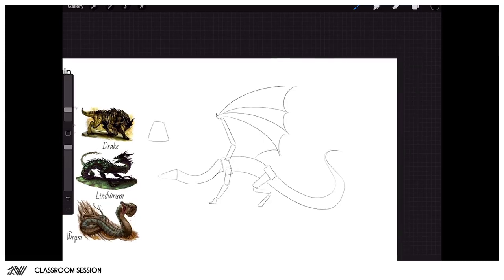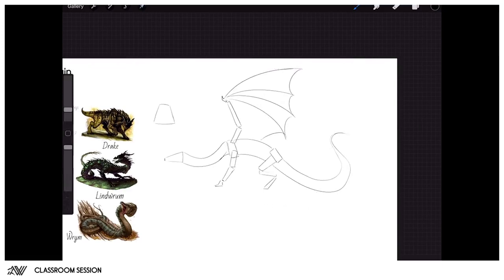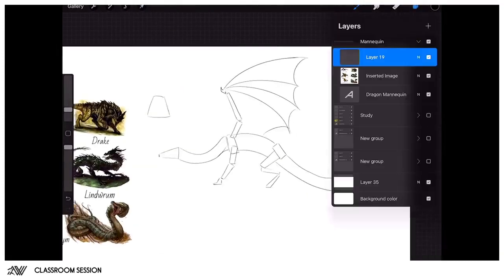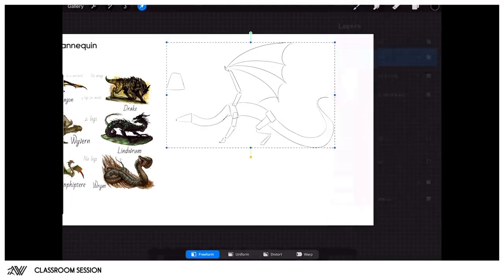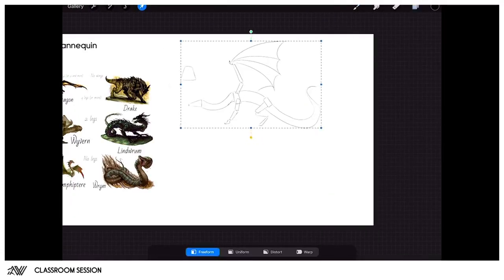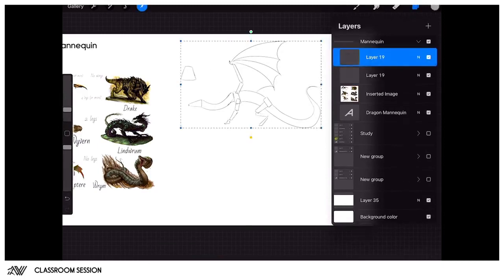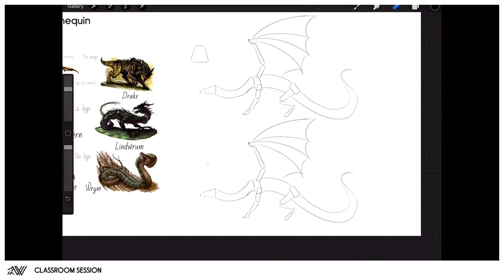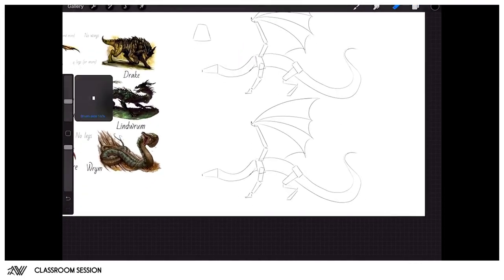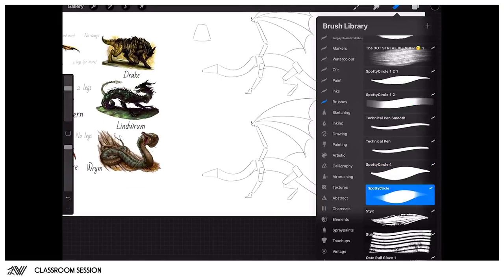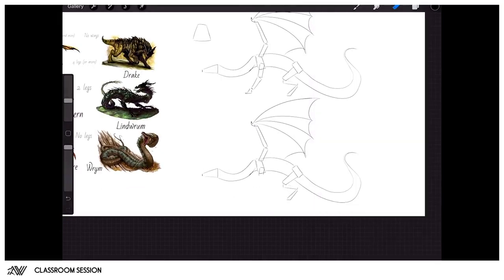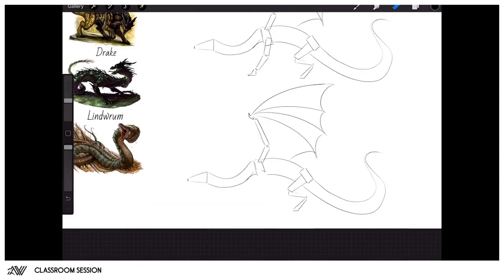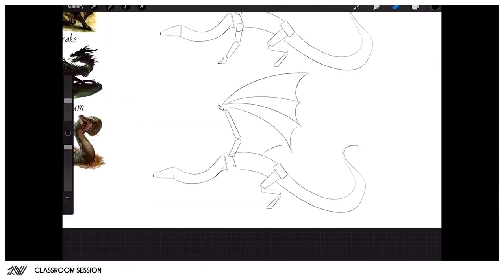Okay, so now why am I saying that the dragon is basically the reference point for all these other dragons is if I'm going to scale them down just a little bit more. If I duplicate this guy and take away his forearms, boom, wyvern, right? Just like that.